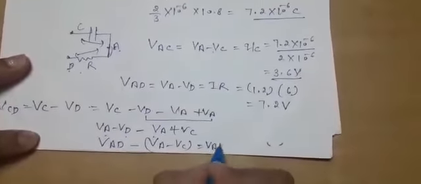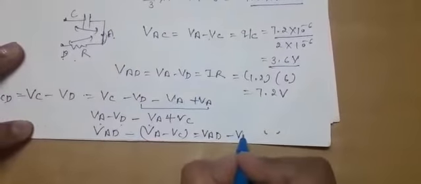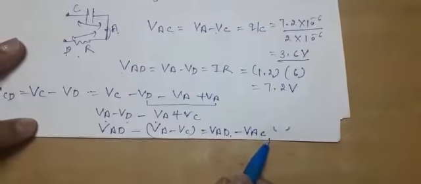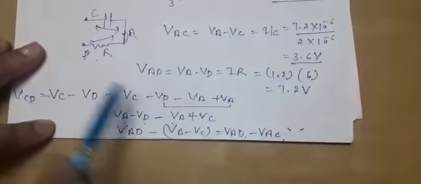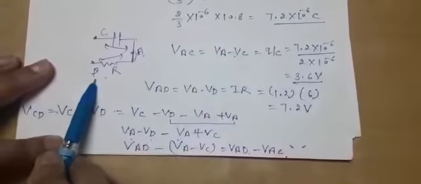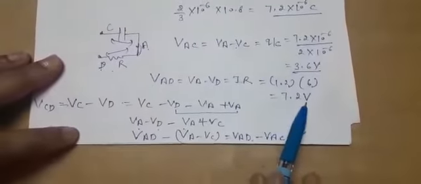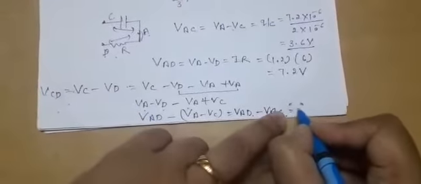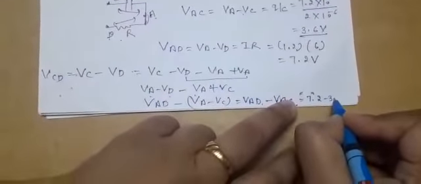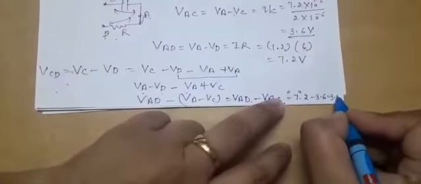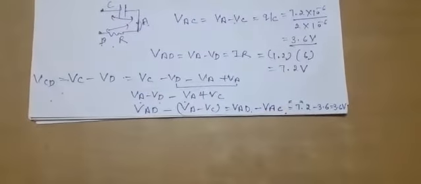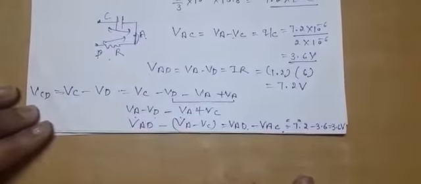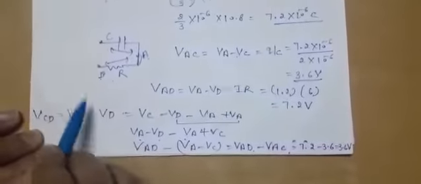So it will be VAD minus VAC. This step we are doing only to get the potential difference between C and D. Now VAD is 7.2, VAC is 3.6 volts. Substituting the values, you get 7.2 minus 3.6, which is 3.6 volt. In this way you have calculated the potential difference between terminals C and D.